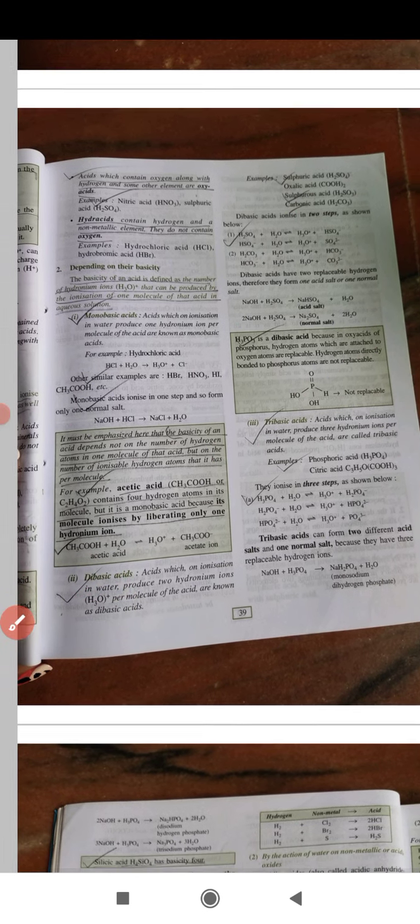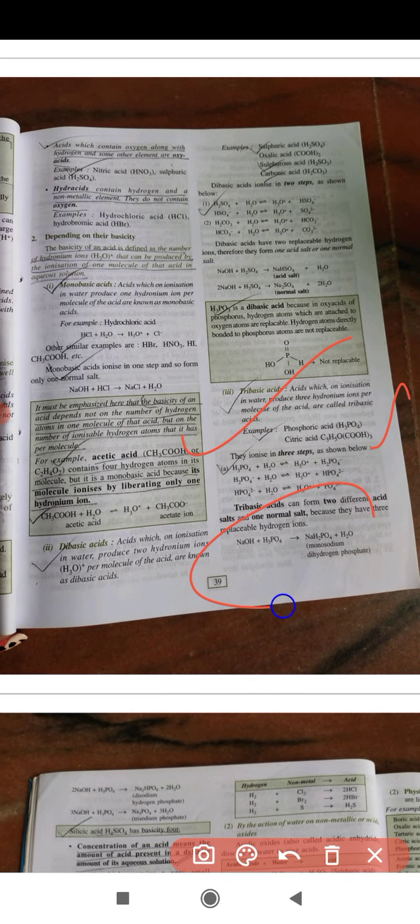It forms a salt. Now come to the tribasic acid, that is phosphoric acid. Remember the examples, sometimes in the exam you are asked to give an example of a tribasic acid: phosphoric acid. Here also is the reaction of phosphoric acid with sodium hydroxide. Monosodium dihydrogen phosphate will be produced, because three types of dissociation happen here.